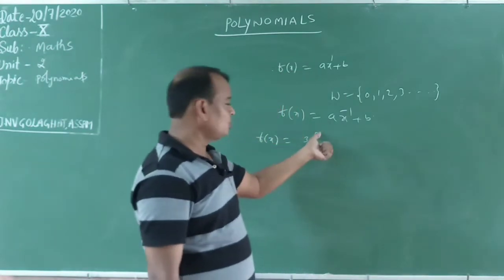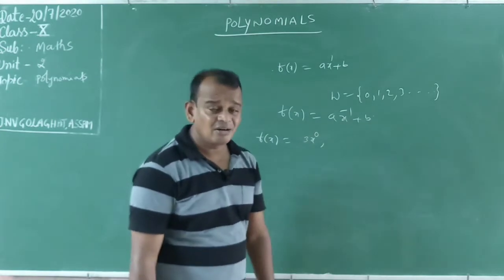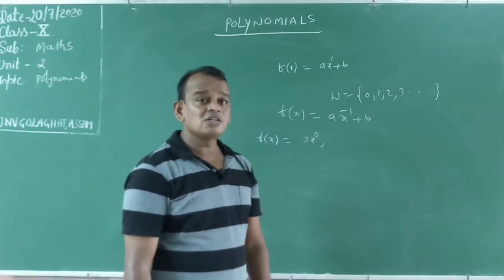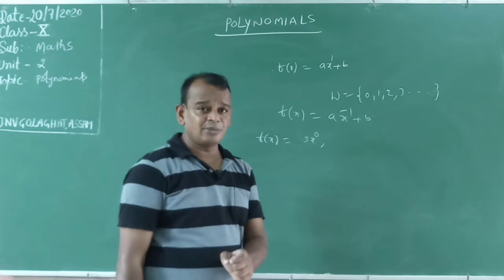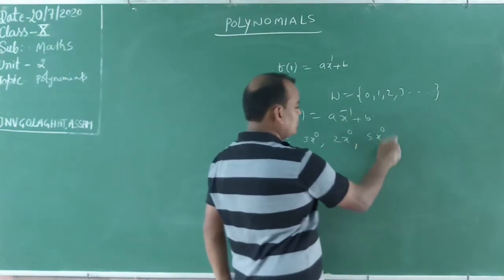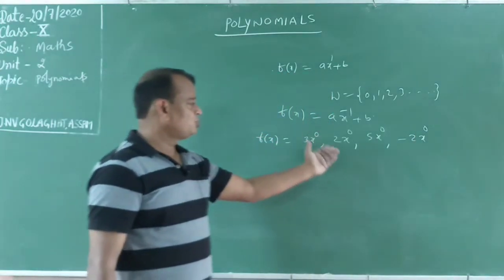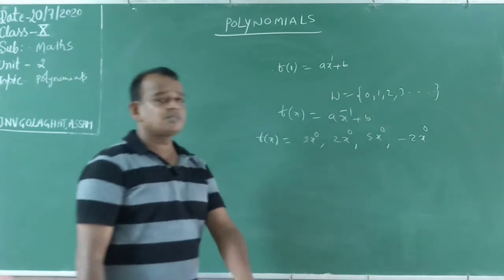The degree, with x as the variable, has highest power 0. That's why it is called a constant polynomial. For example, 2x^0, 5x^0, -2x^0. These 3, 2, 5, -2 are constant polynomials.